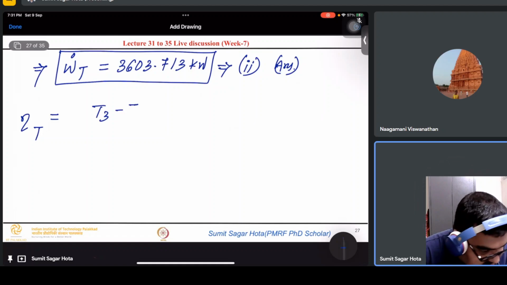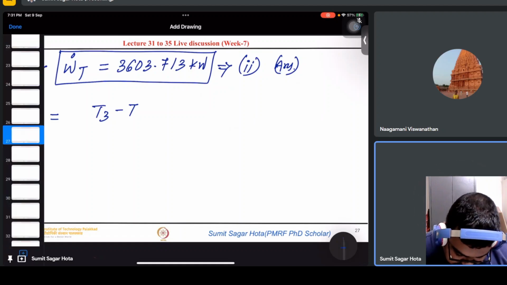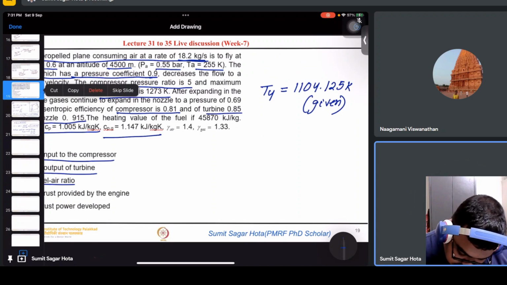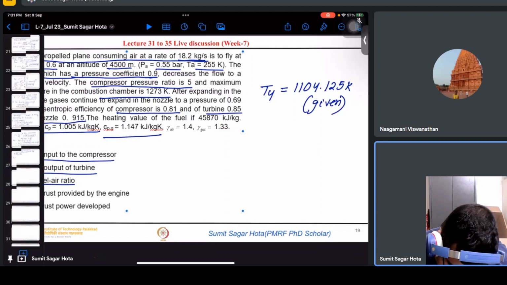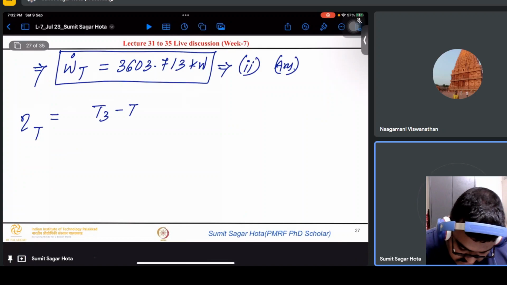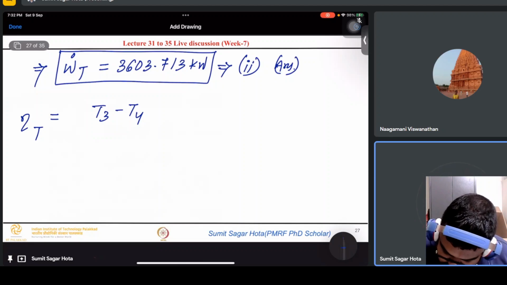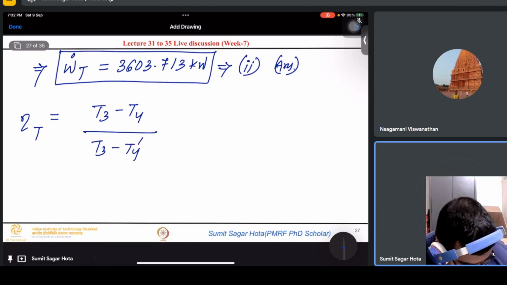Isentropic efficiency of the turbine given in the question is 0.85. So (T3 minus T4) divided by (T3 minus T4 dash).